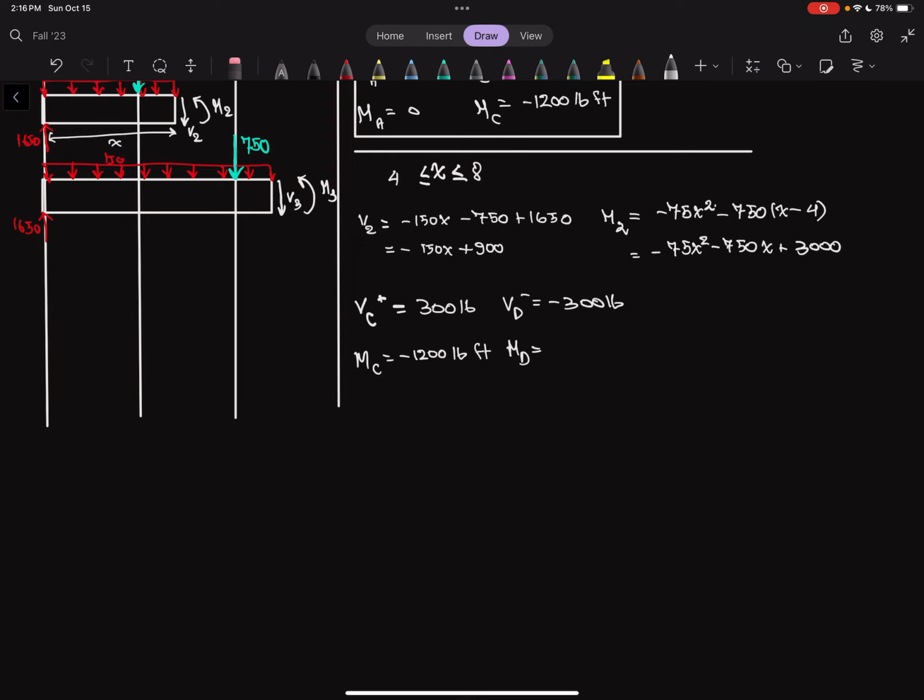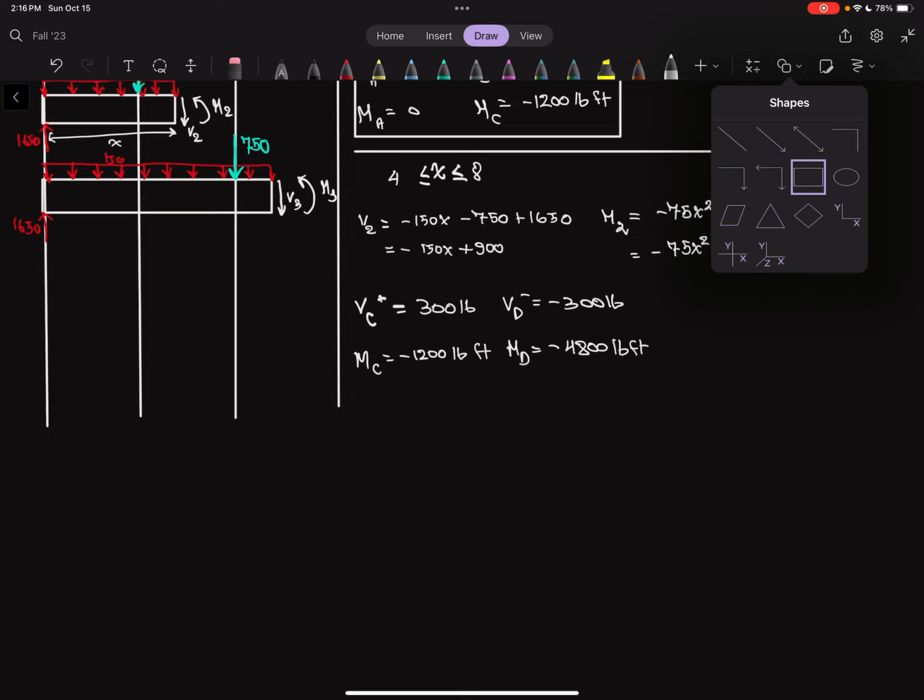M at D is the same thing, but now instead of putting the 4 squared, we put what? We put the 8 squared, which is minus 4,800 pound feet. Okay, so these are some other points.